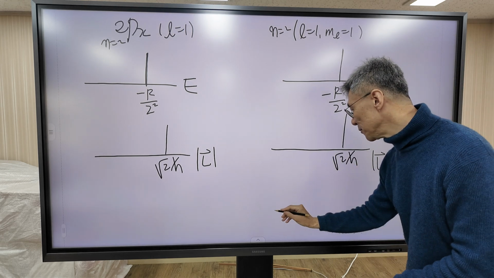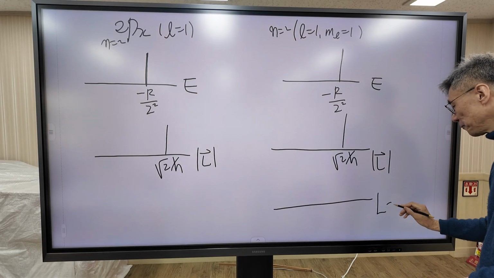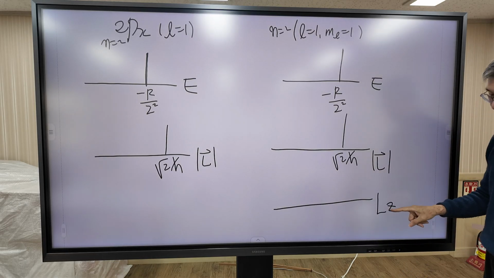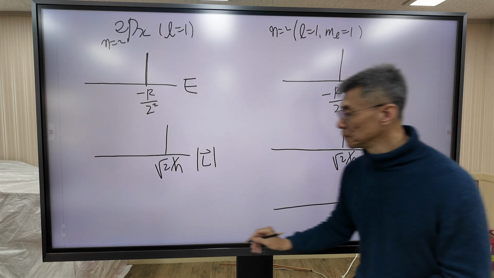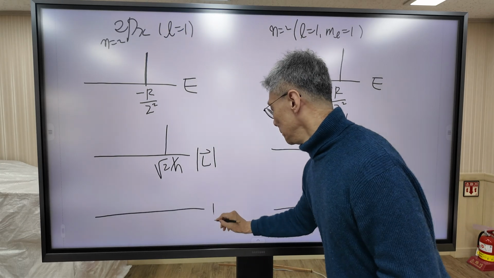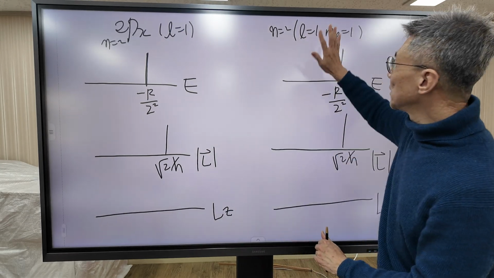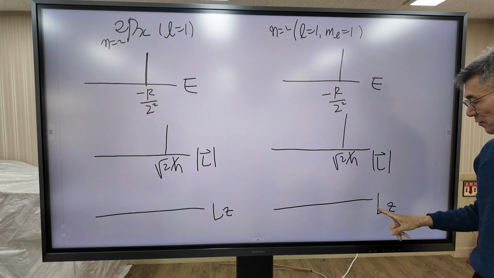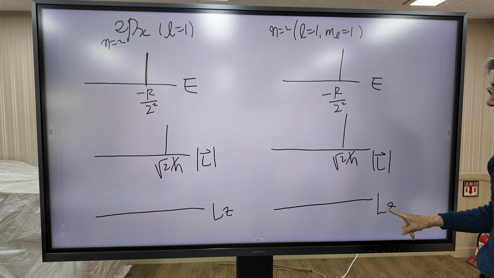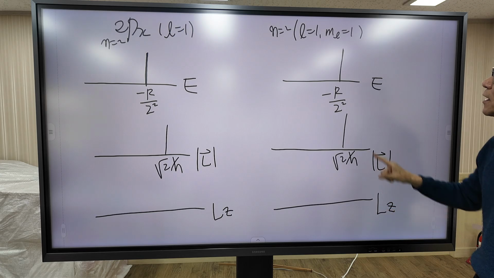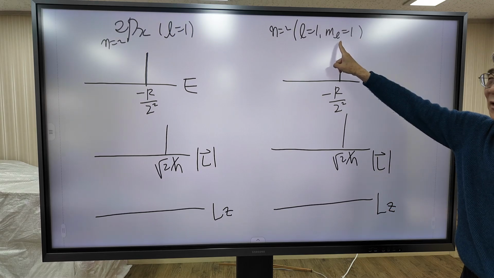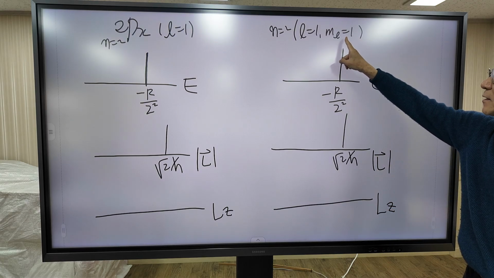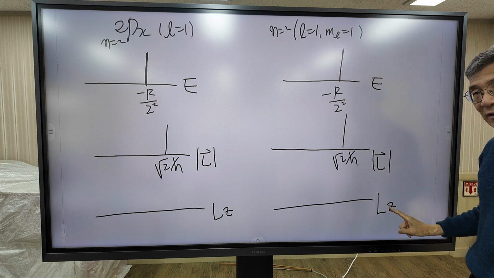Now finally, what happens when you measure the z component of angular momentum? For this orbital, when the electron is in this orbital, what is the result of the measurement? Lz can be defined only if ml is known. If ml is defined, you can calculate Lz.